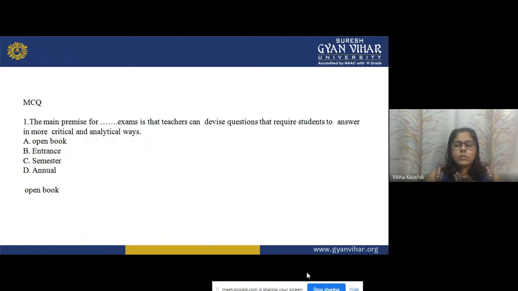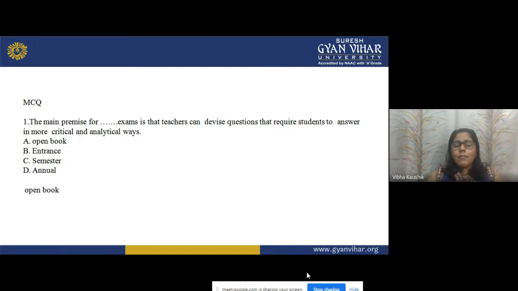Now let us discuss some MCQs related to the topic which we have discussed today. The first one: the main premise for dash exam is that the teacher can devise questions that require students to answer in a more critical and analytic way.